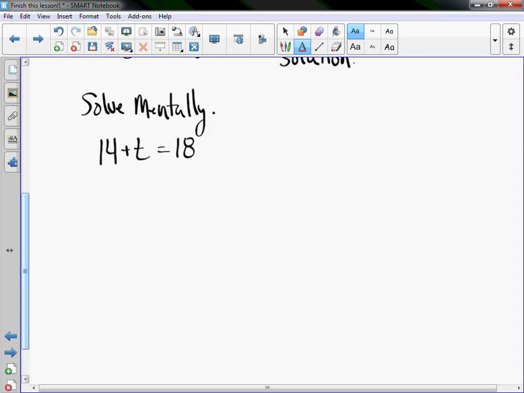We want to know what value for t makes this statement true. What can we put in for t that makes 14 plus t equal 18? Well, I know that if you add 4 to 14, you get 18. So t must be 4. And that is how we find the solution mentally.